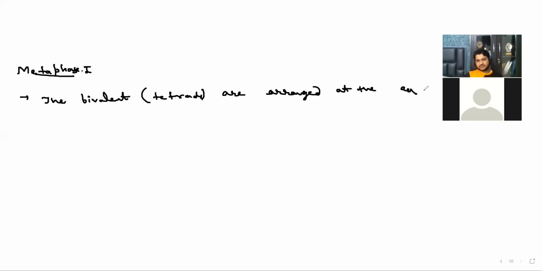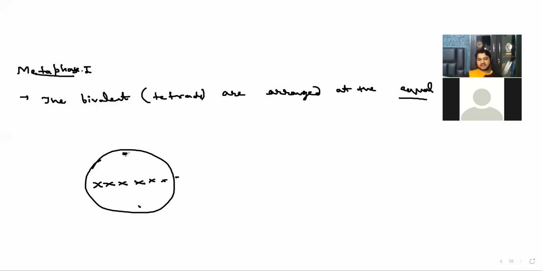I told you, it is the cell and my body contains two sets of chromosomes, so they are arranged like this at the equator. Now the spindle will come and attach to the kinetochore, as I told you.